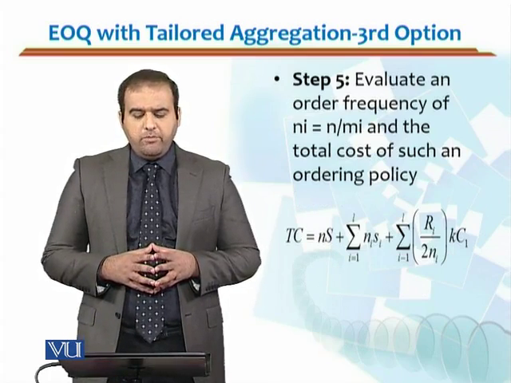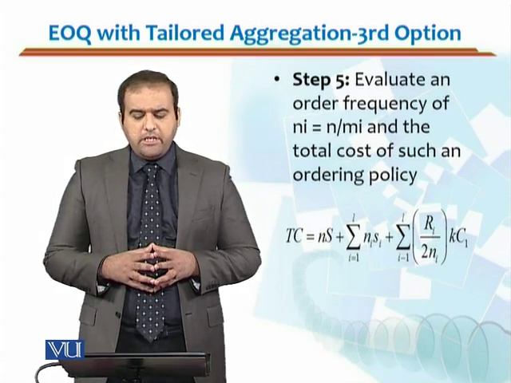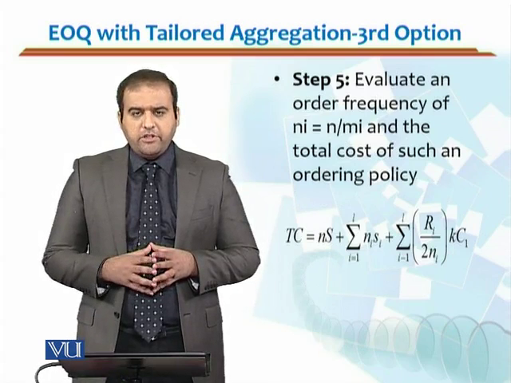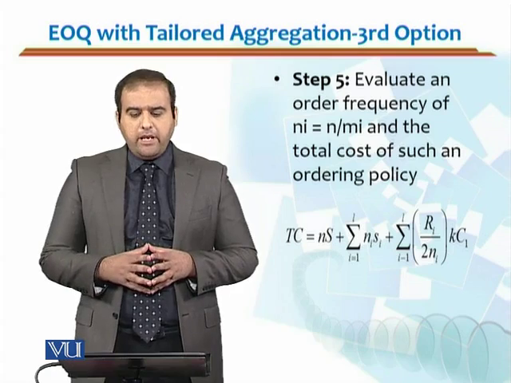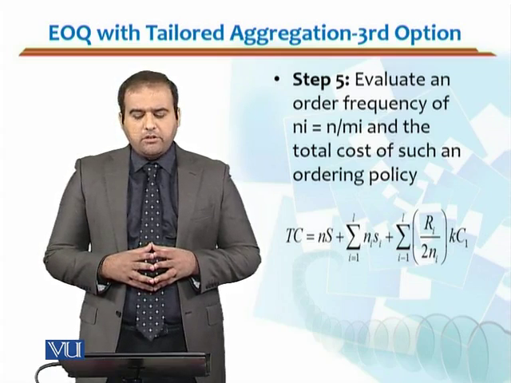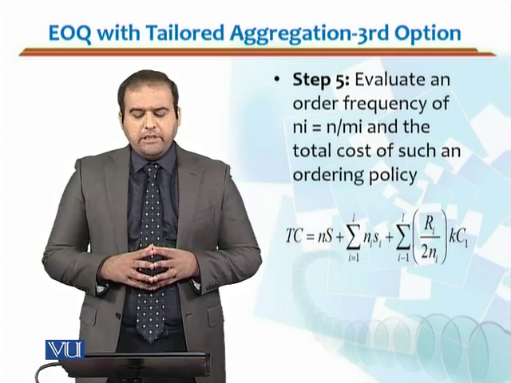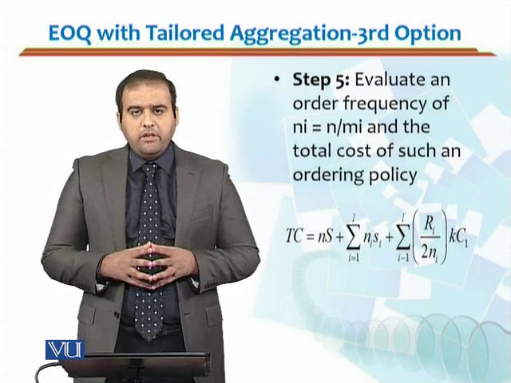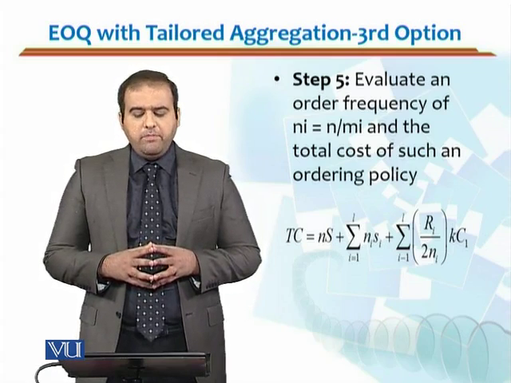Then step 5. Step 5 would be to evaluate the ordering frequency of Ni, which is N over Mi, and the total cost of such an ordering policy. So here in step 5, the total cost would be evaluated.